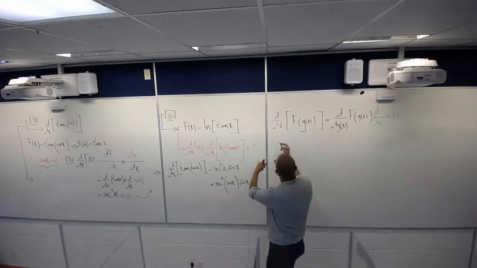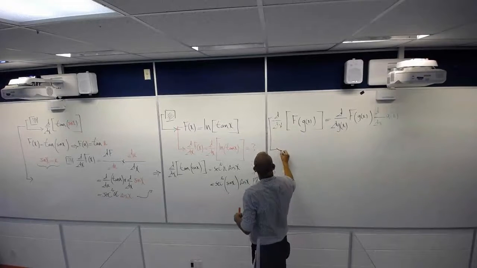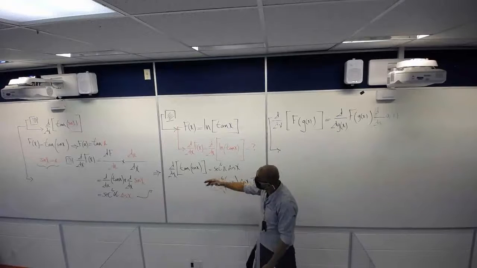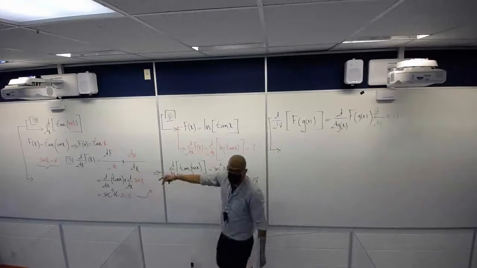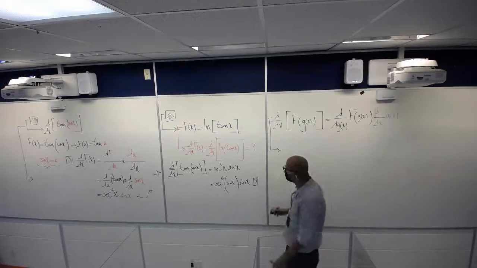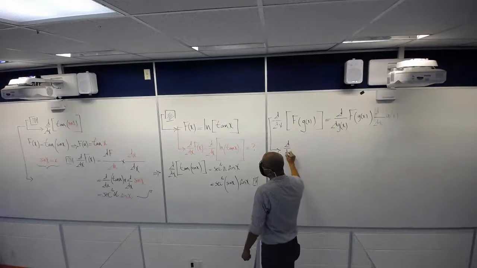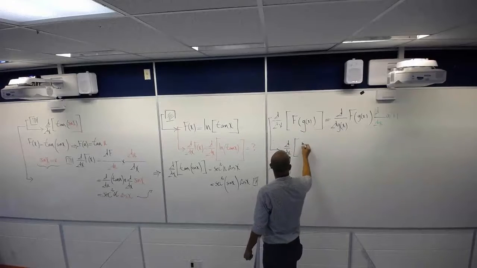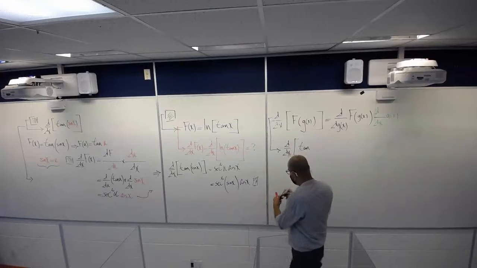Now, look at this. I'm going to do the same thing here, the same function. I'm not going to do this rule, the chain. I'm just going to use this formula to ease it. I have d over dx of tangent of sine x.